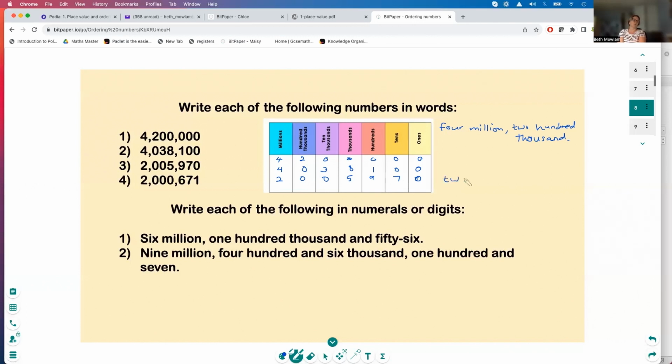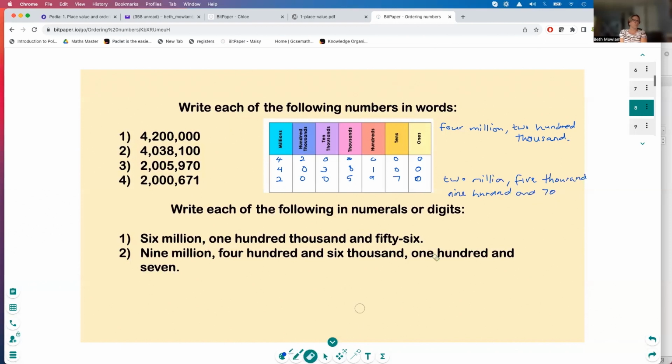So 2 million, I'll write that one because it's a bit more complicated. So 2 million, straight to the 5,000 because we've got no hundreds of thousands, no tens of thousands. 1,900. So notice I am writing it how I say it. 170.